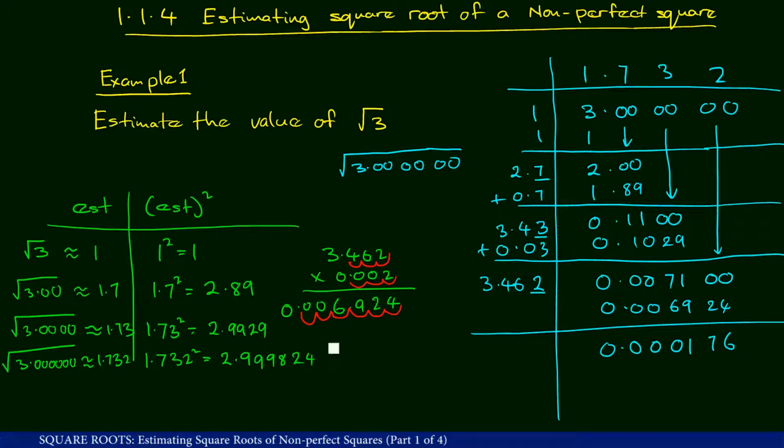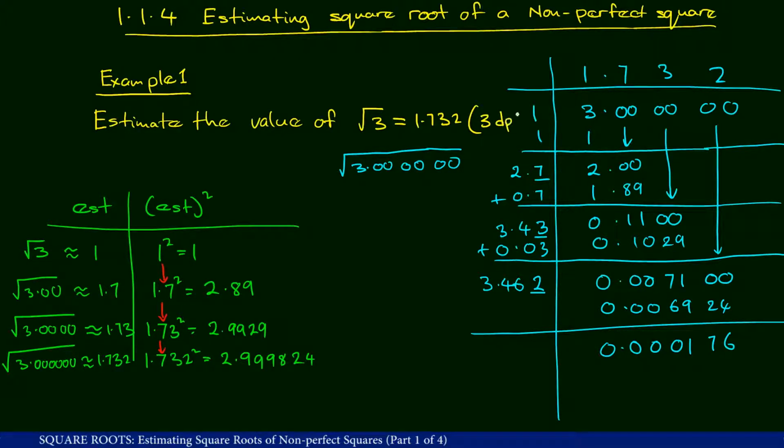Let me just delete this part over here. So that's it. Our result has become much better and better, from 1 to become 1.7, then 1.73 and 1.732. So our answer up to 3 decimal places is 1.732.